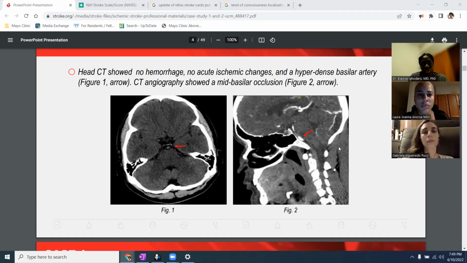So from what I've seen, it's all done at the same time. But I guess from the guidelines, you don't want to delay giving the TPA once you know the patient meets the criteria. So I can understand not waiting for the CT head and neck. But yeah, that's a good point. Whatever, just know what the hospital protocol is.